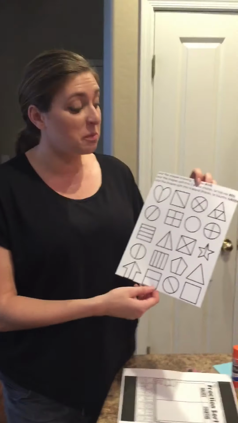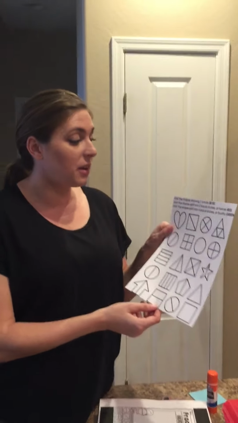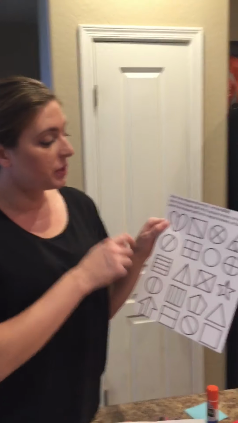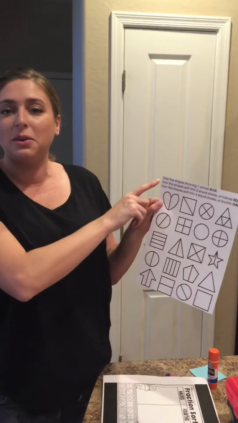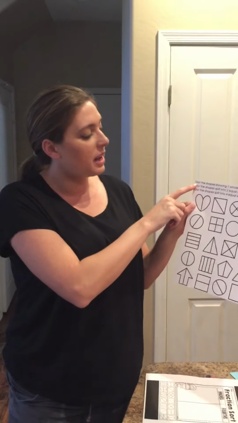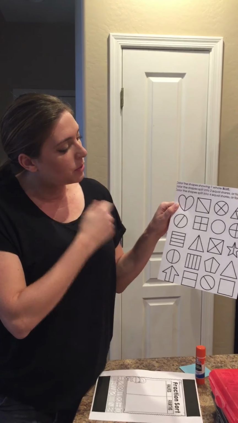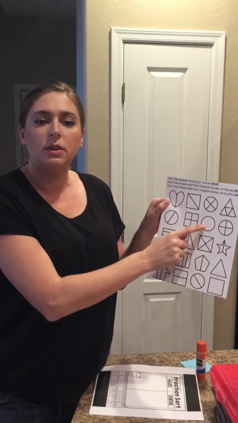Okay, at the next station, it's our coloring station. You're given a whole page of shapes, just like we've been looking at, and they are cut either in whole, half, or fourth. And so you're going to read the instruction. First graders, I know we can follow instructions. What does it say? Color the shapes showing one whole blue. So I'm going to find a whole shape. Here's a whole circle.